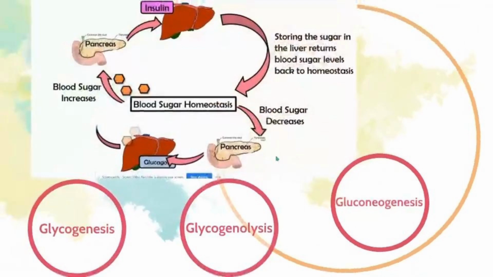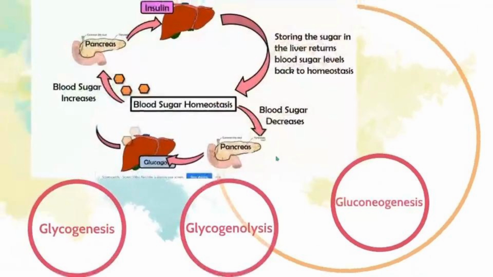So I'm now just going to do a bit of background on the way that glucose is regulated so that we really get this idea in our head. So as we've spoken about just now, there are two ways of getting glucose into the blood from storage molecules.